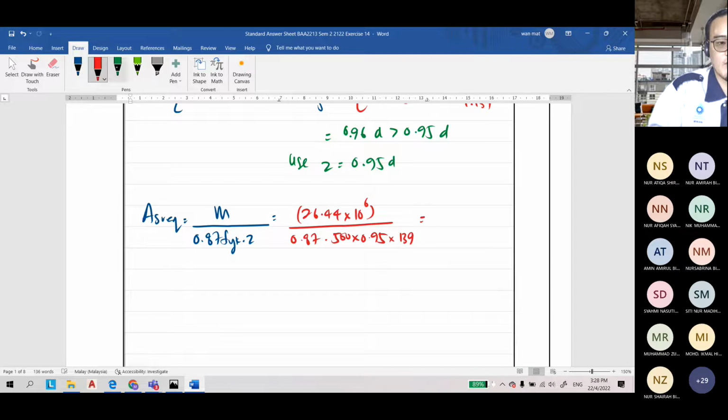So what is the answer now? 460 mm square per meter.